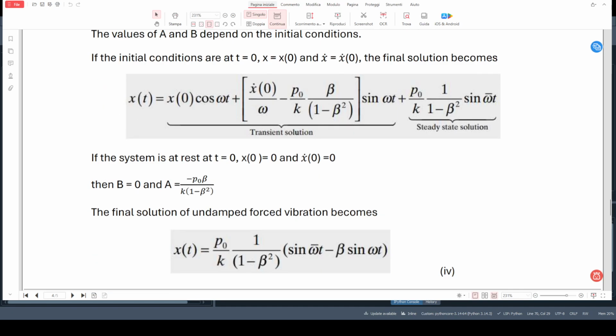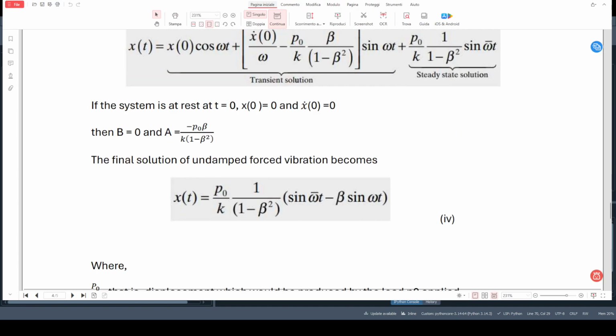If the system is at rest, with displacement equal to 0 and velocity equal to 0, we can obtain B equal to 0 and A equal to this quantity: P0 times beta divided by k, multiplied by 1 divided by (1 minus beta squared).